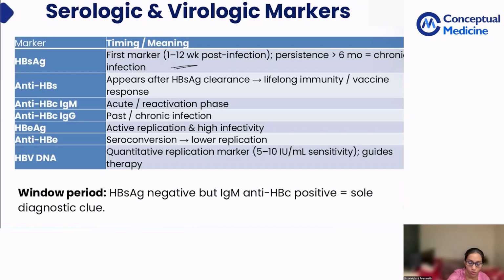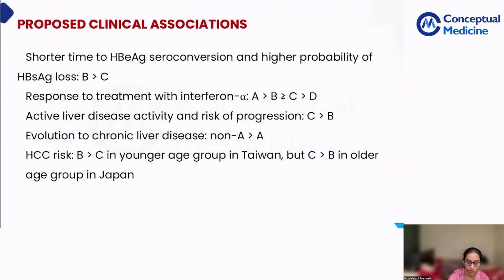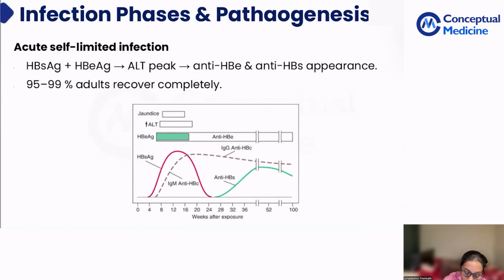There's something called a window period, and we'll come to this concept now. HBsAg is the first marker to rise, usually within 3 months. Around the same time HBeAg is also rising, plus IgM anti-HBc. Then there will be a window period, where your HBsAg has come down, but your anti-HBs has not yet risen, the titers have not come.